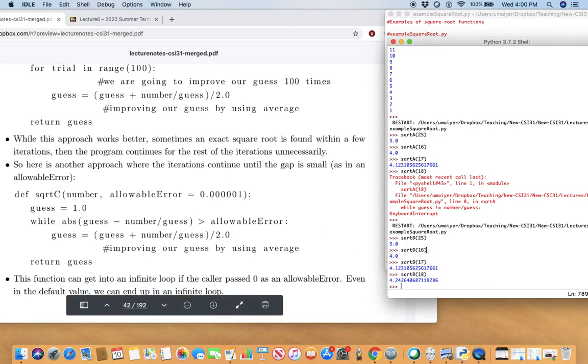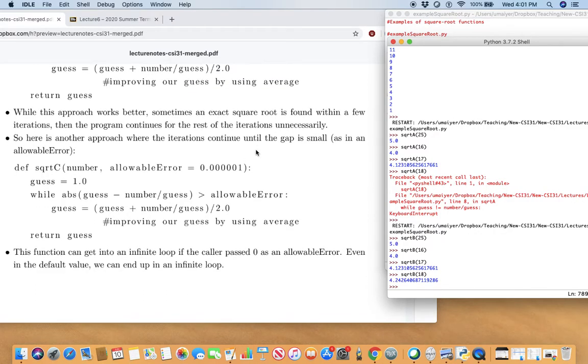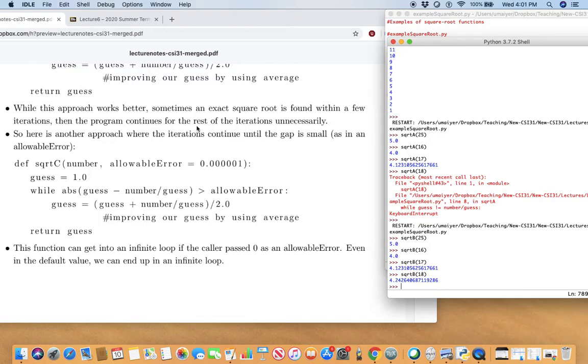Suppose you are working at 25, and at some point you got the number 5. 25 over 5 is another 5. 5 plus 5, 10 over 2 is a 5. So your guess started with 5, and the new guess is again a 5. Once you got your answer, you are still continuing up to 100. So you're inefficient. Your program is continuing for the rest of the iterations unnecessarily. So we can improve it.